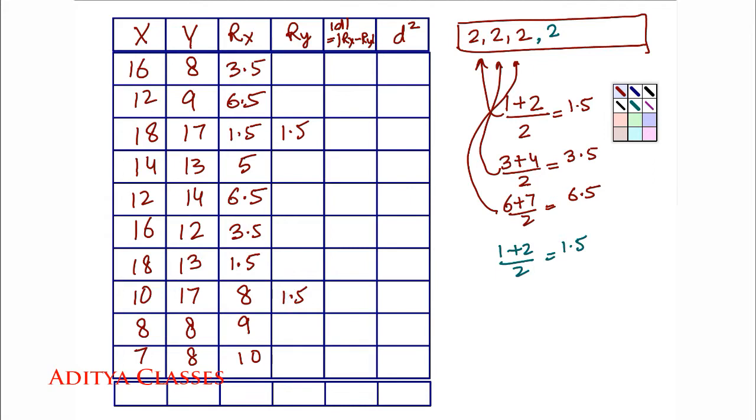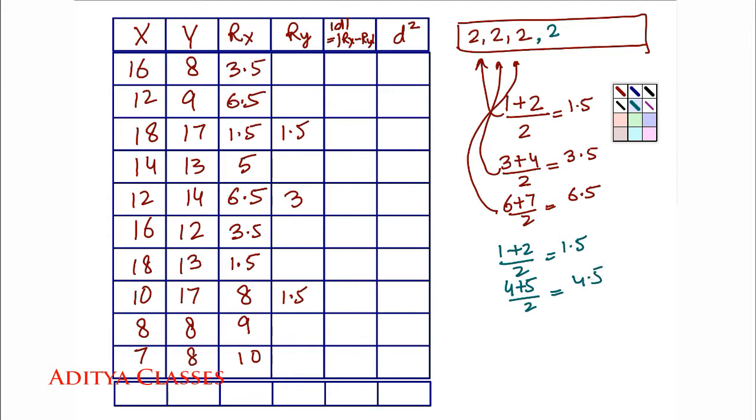Let me have a look at third rank. 14 looks like an eligible candidate, so it gets third rank. After 14 I have a couple of 13s. So 1, 2 and 3 ranks are gone. These 13s are contesting for 4 and 5. So 4 and 5 are being fought for.